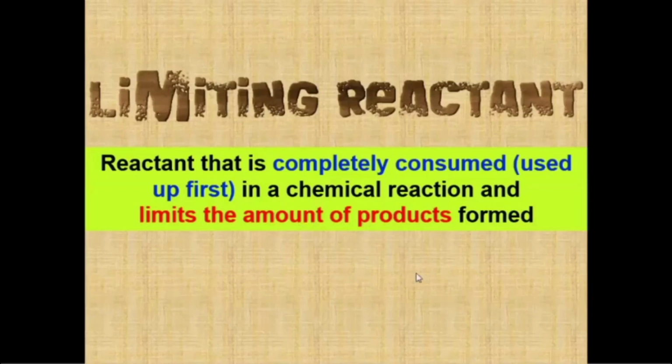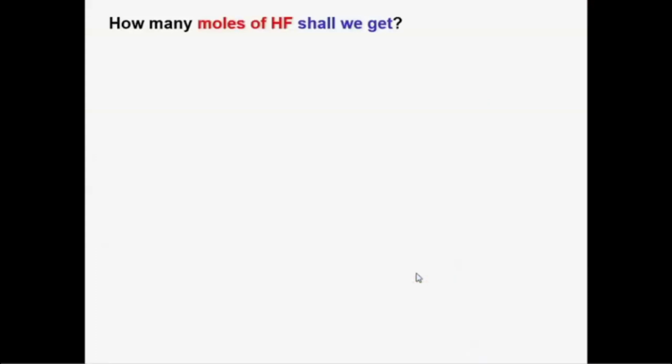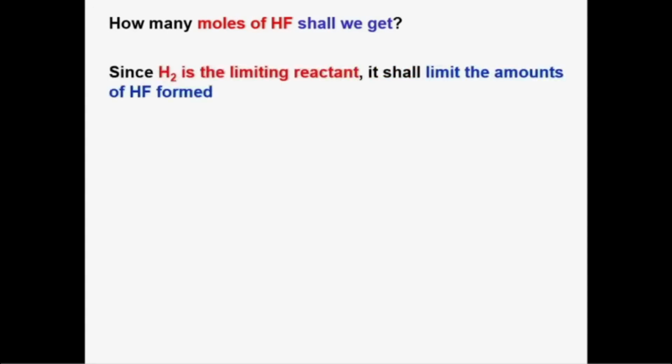Then we are going to calculate how many moles of hydrogen fluoride we shall get from this reaction, if we have 2 moles of hydrogen and 3 moles of fluorine.